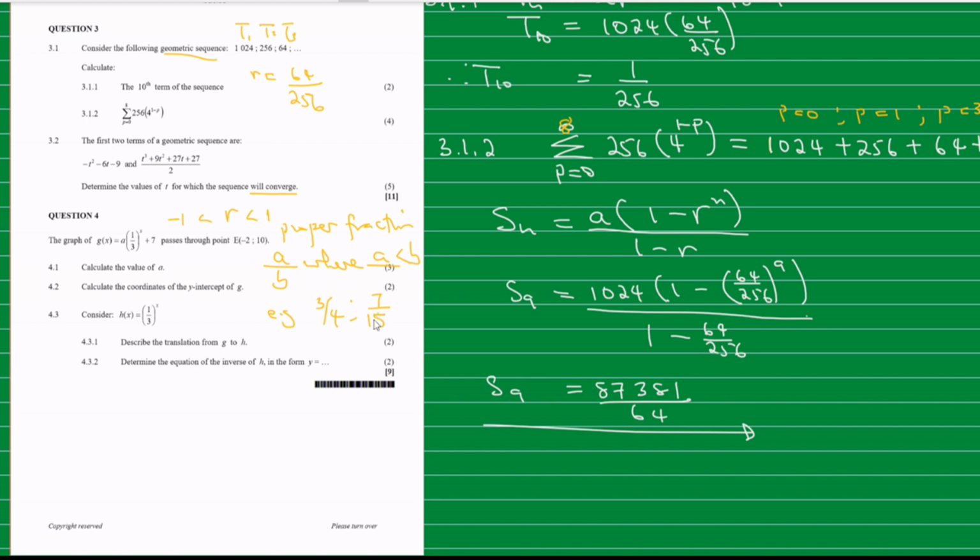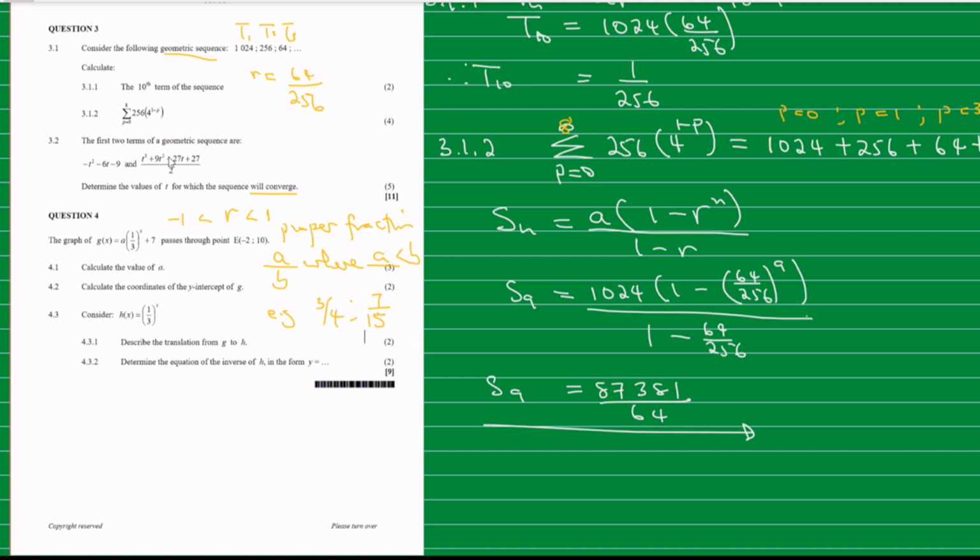The denominator is bigger than the numerator. Like in this case, we saw that our r is 64 over 256. That's a proper fraction. So any number, positive or negative, that is between negative 1 and 1 will give us a converging sequence or a converging series.